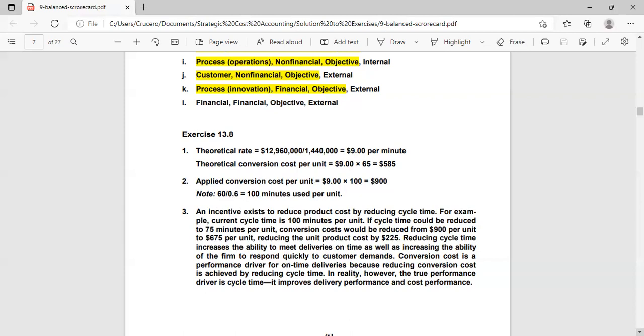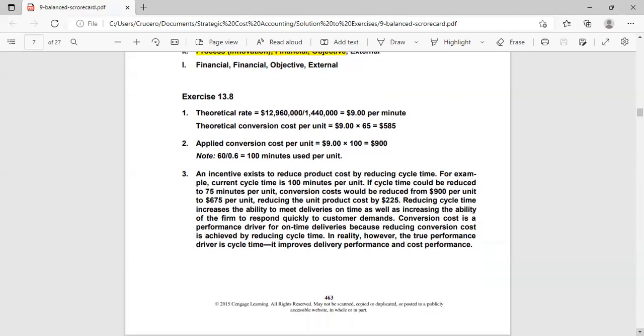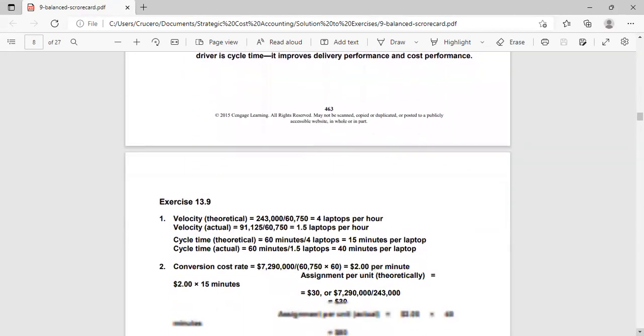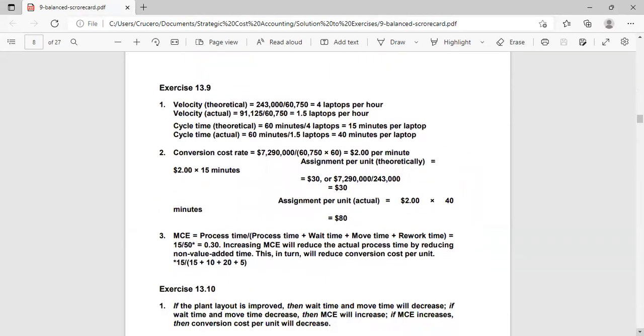So now we have 9-9, cycle time and velocity.